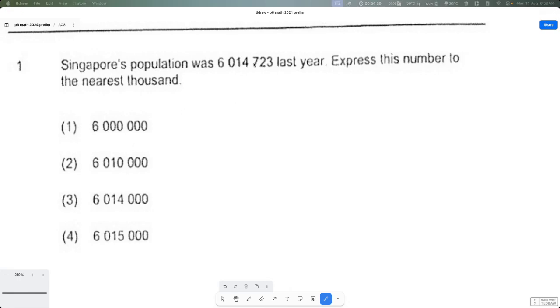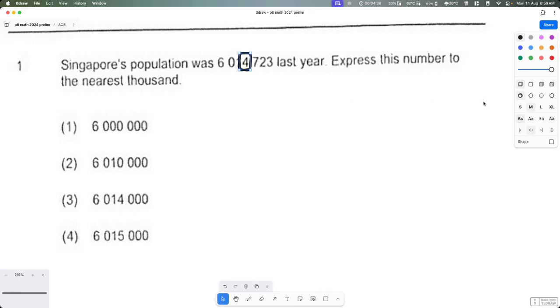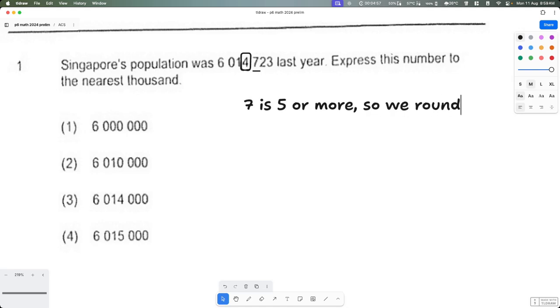In this case, the nearest thousand is this number 4 over here, right? So if you look at one digit after it, which is the number 7, we need to see whether 7 is 5 or more. So 7 is 5 or more, so we round up.